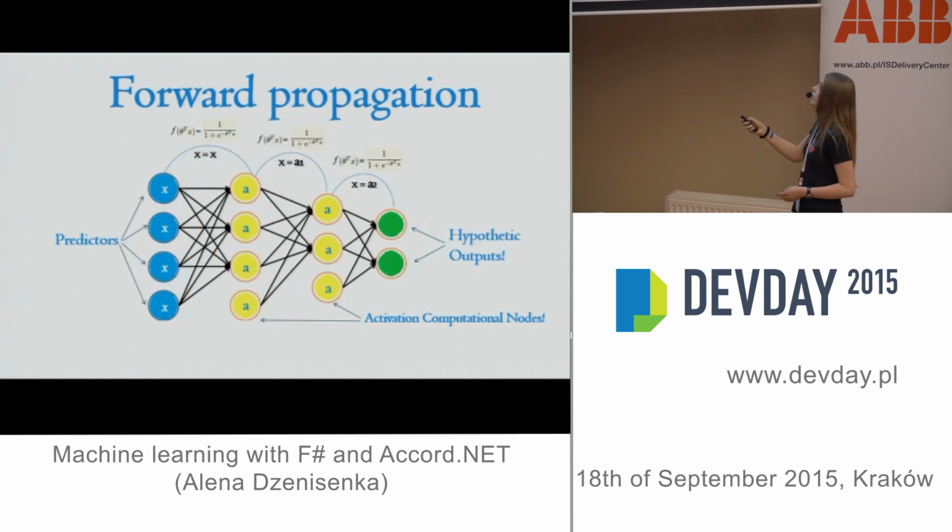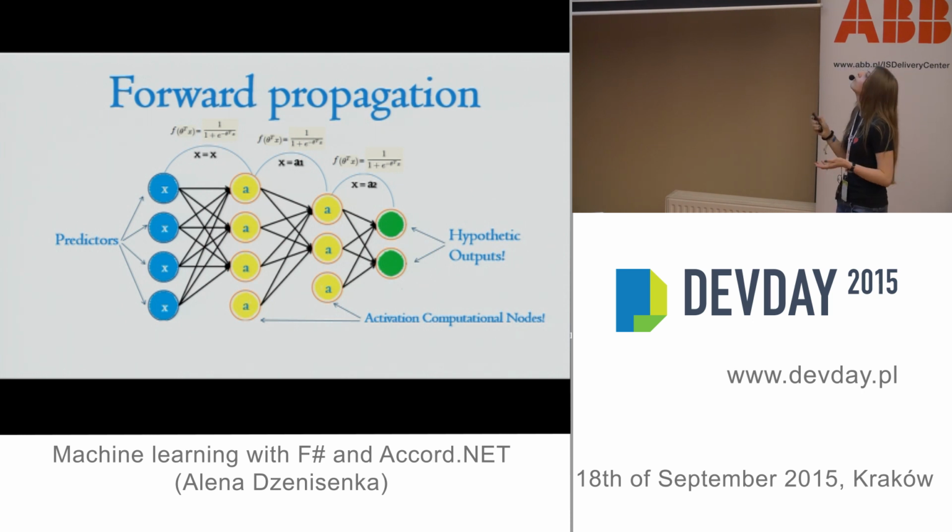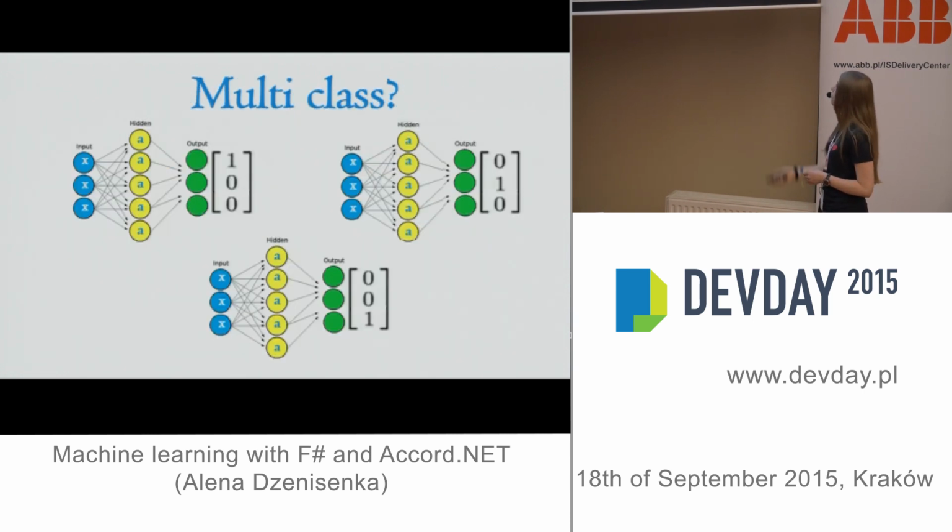We exclude this. We think of the activation neurons of the hidden layer as predictors for this layer. So here we can think of X's as the second layer neurons of the hidden layer. And finally, when there are no more layers of hidden neurons, we can find out the actual results.